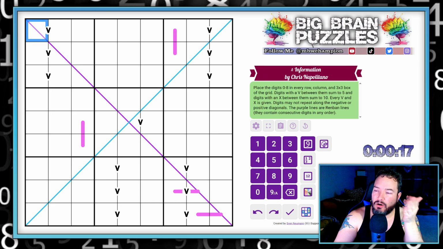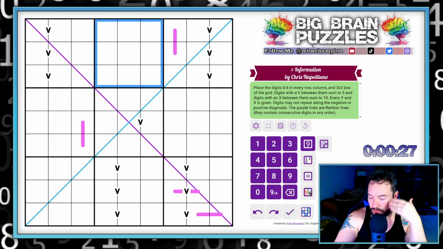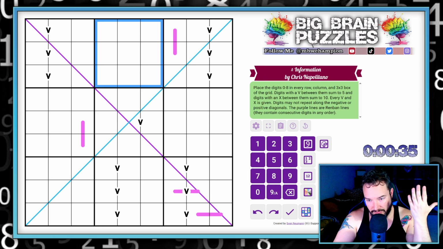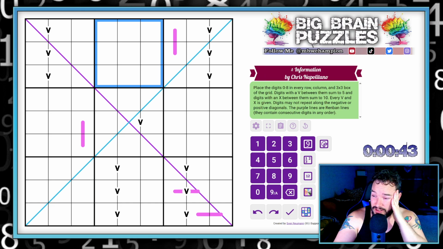If you add them all together, usually 1 plus 2 plus 3 all the way to 9 is 45, but there is no 9 in here, and 0 is not a value. So it should be all the way to, is it 36?